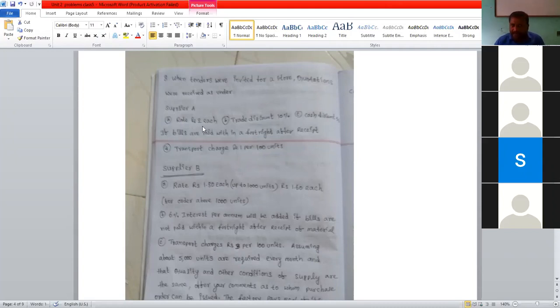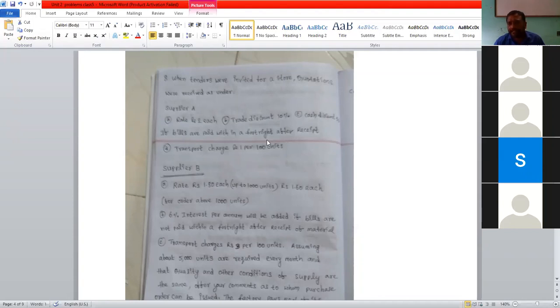For his material, he would like to issue the material at 2 rupees to us, and he would like to give the trade discount 10% and cash discount maybe 5%. See your textbook, this is 5%. Remember, cash discount is 5%, and if bills are paid within a fortnight after the receipt.